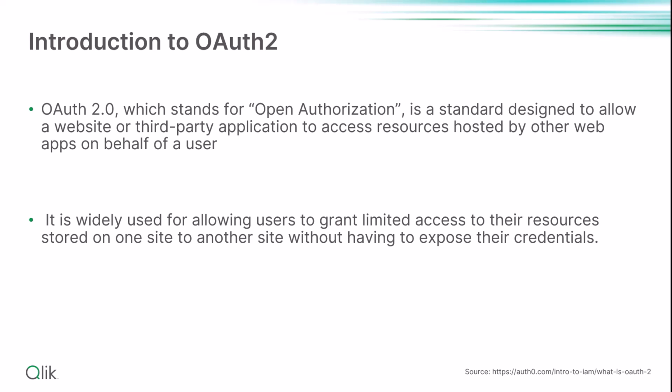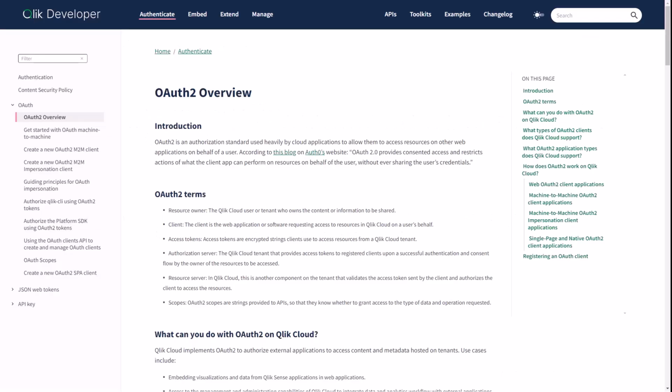OAuth 2.0, which stands for Open Authorization, is a standard designed to allow a website or a third-party application to access resources hosted by other web apps on behalf of a user. Qlik Cloud implements OAuth 2 to authorize external applications to access content and metadata hosted on tenants.